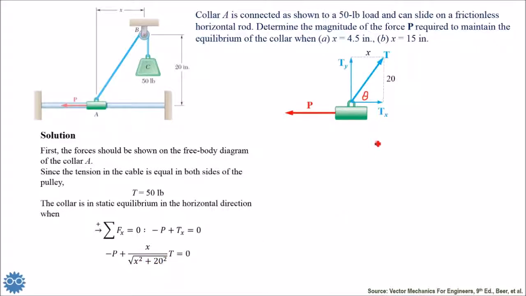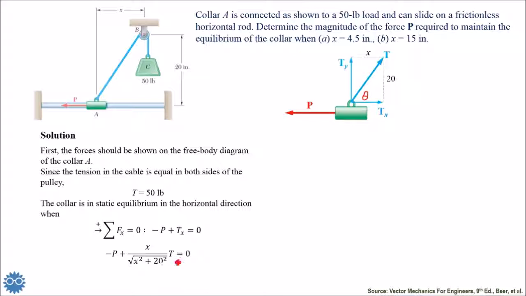Be careful. Never divide by 20, because sometimes we'll say, oh, okay, it's x over 20. No, be careful, because x over 20 will be the tangent of the angle, not the cosine. Here, in order to get the component, we need the cosine. The cosine is equal to x over the length of the hypotenuse, or the square root of x squared plus 20 squared.